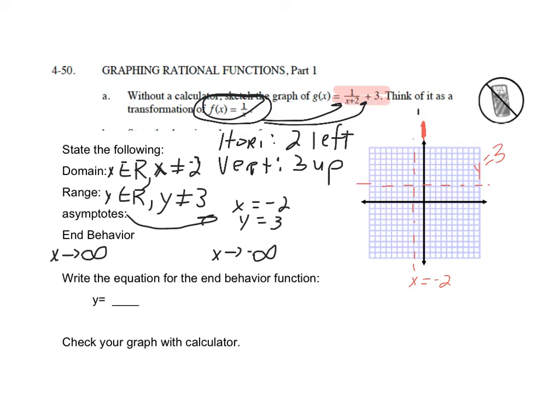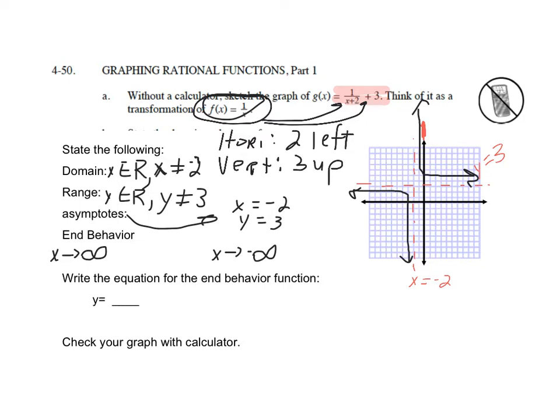So the graph really looks pretty much the same as the green graph on the previous page, just with that shift.